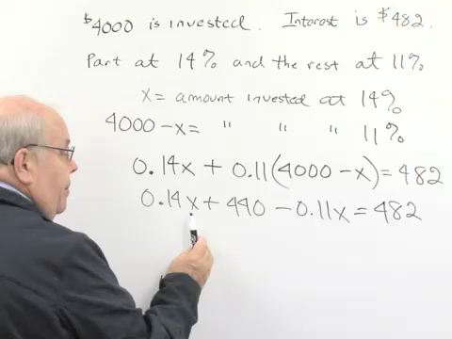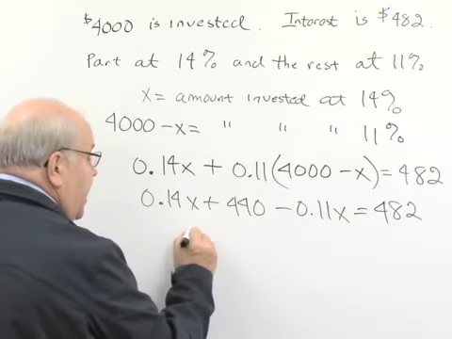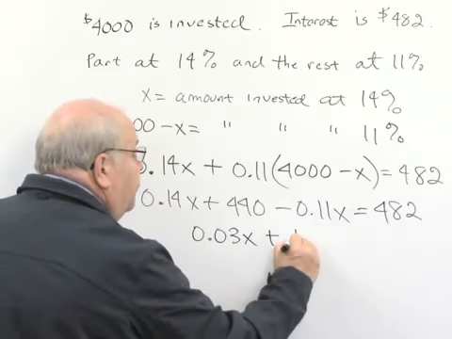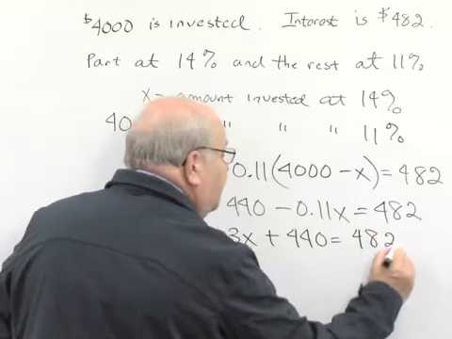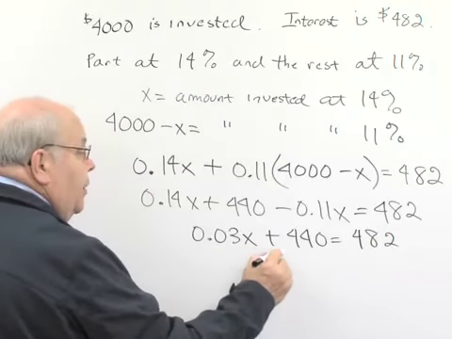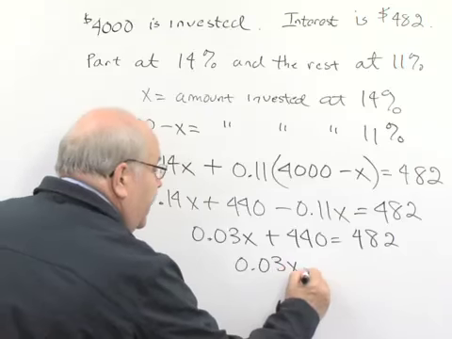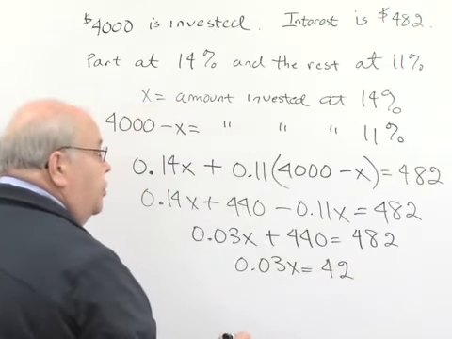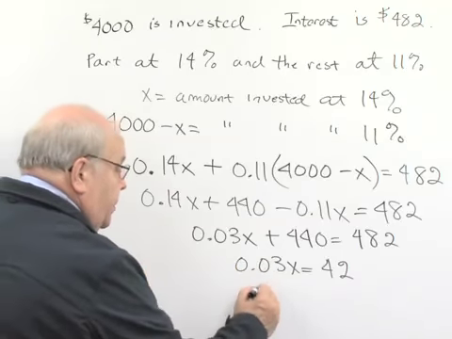We can simplify by adding the x's, 0.14x minus 0.11x, that gives us 0.03x added to 440 equals 482. If we subtract 440 from each side, 0.03x equals 42. Now we need to do a division. We need to divide both sides by 0.03.